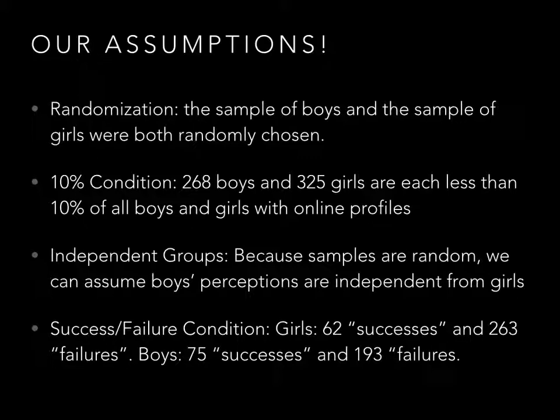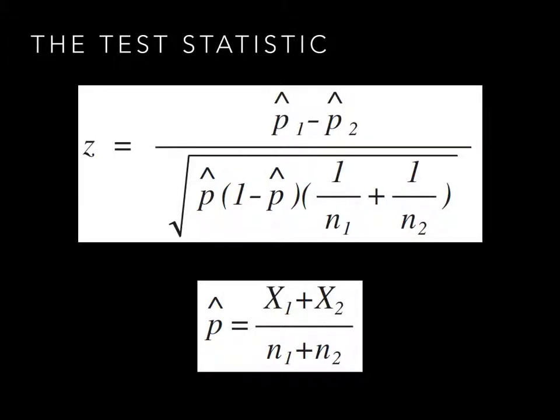So with our hypothesis and our assumptions, next comes calculating our z-score. Our test statistic looks real crazy, but it's not. So we have z equals p hat 1 minus p hat 2.